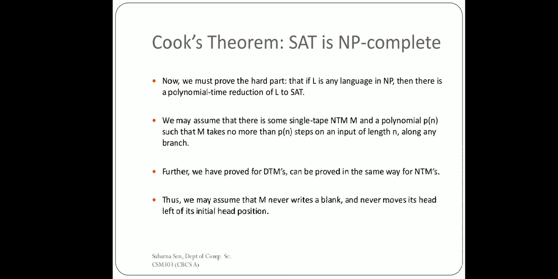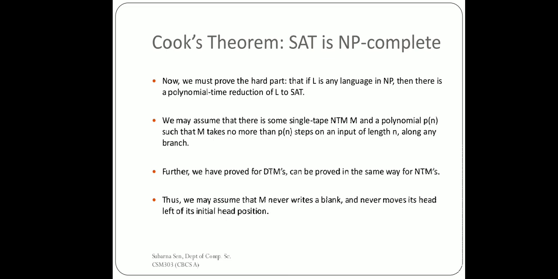If you remember the definition of NP-complete from the previous class, the first point was that for a language L to be NP-complete, L should be in NP, meaning the language we are feeding to the Turing machine can be solved by a non-deterministic Turing machine in polynomial time. And the second part was, if L is any language in NP, then there is a polynomial time reduction of L to the satisfiability problem.